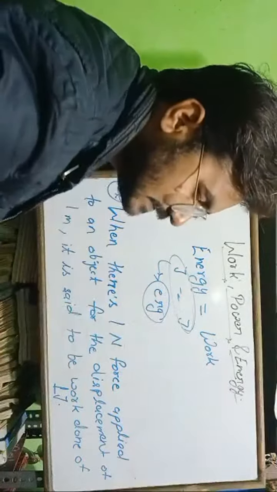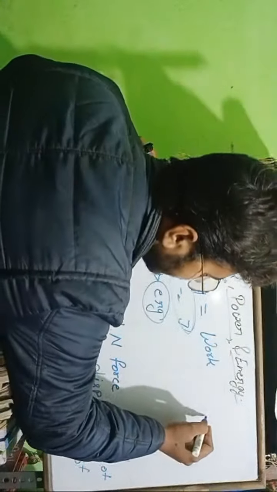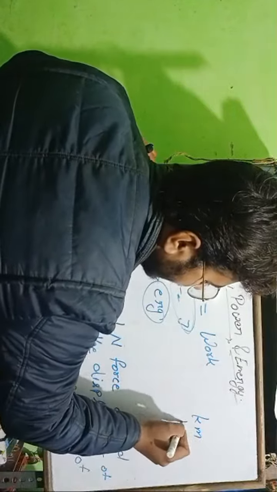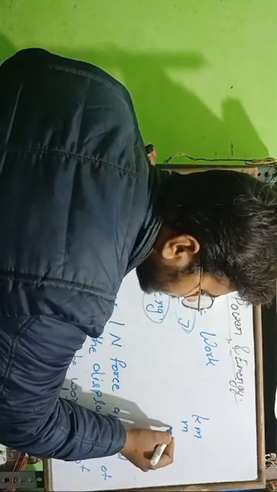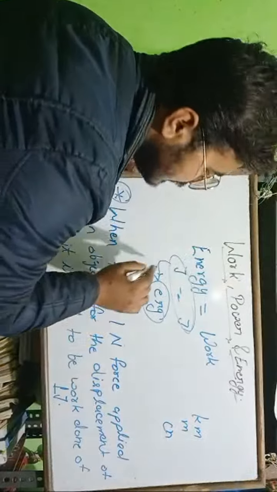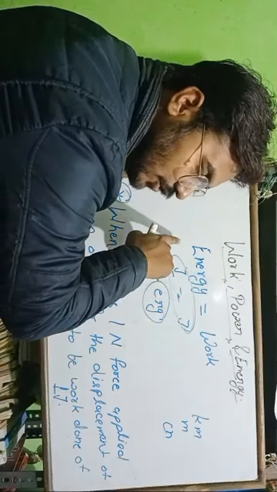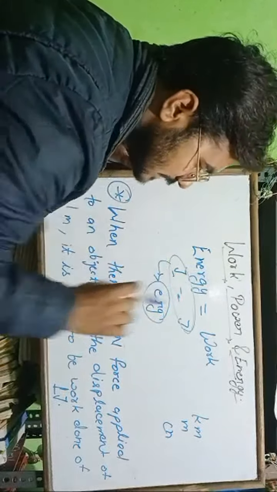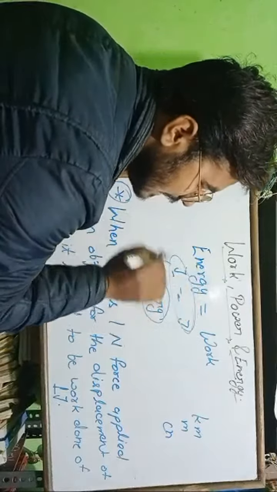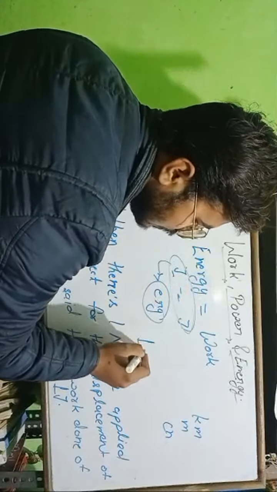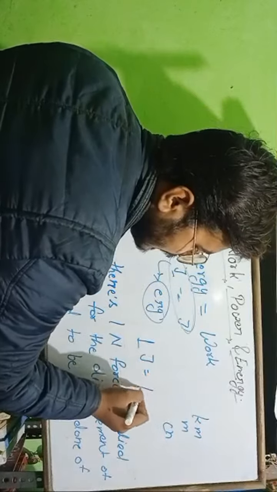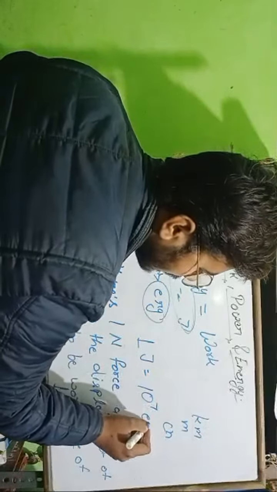Just like in distance we say the biggest unit is kilometer, then meter, and the smallest is centimeter, like that Joule is the SI unit of energy, but the smallest unit than Joule is erg, and 1 Joule is equal to 10 raised to the power 7 erg.